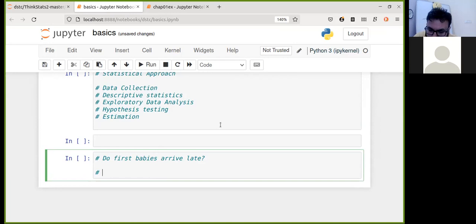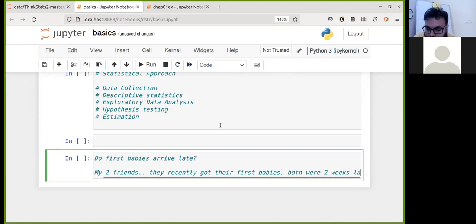If you ask people, they will give you evidences like this. Like, my two friends, they recently got their first babies. Both were 2 weeks late.